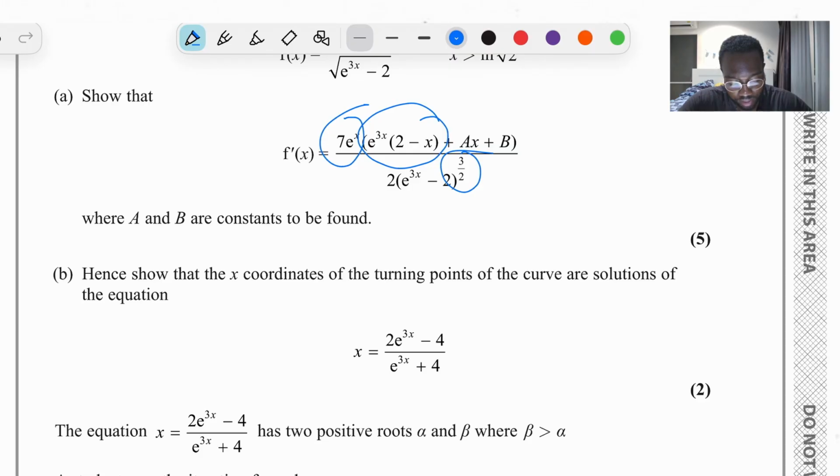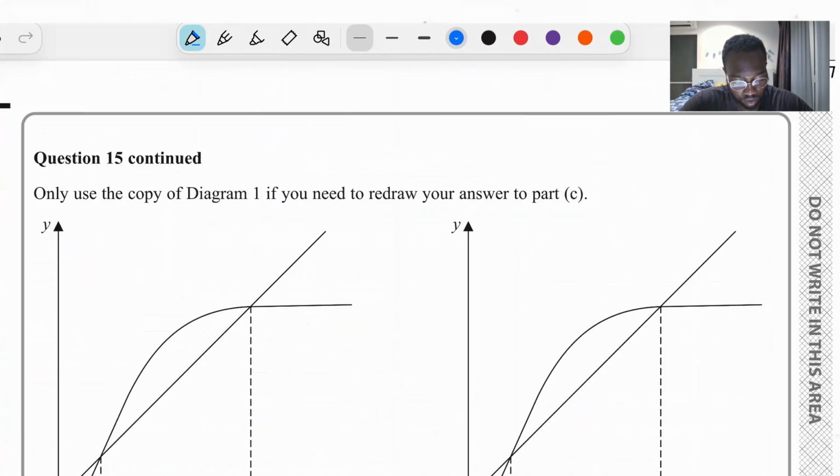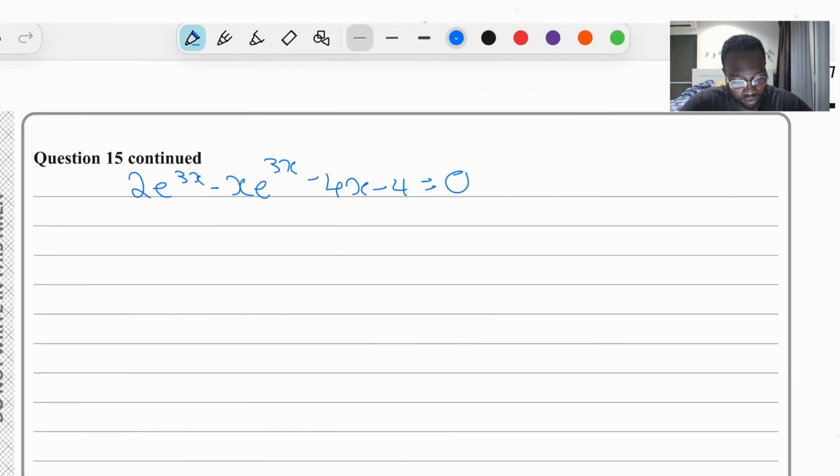So if we can get something in the form of x e to the 3x plus 4x on one side, then we can take out the factor of x and then divide. And lucky for us, we have that exact thing: we have an e to the 3x and we have a 4x.